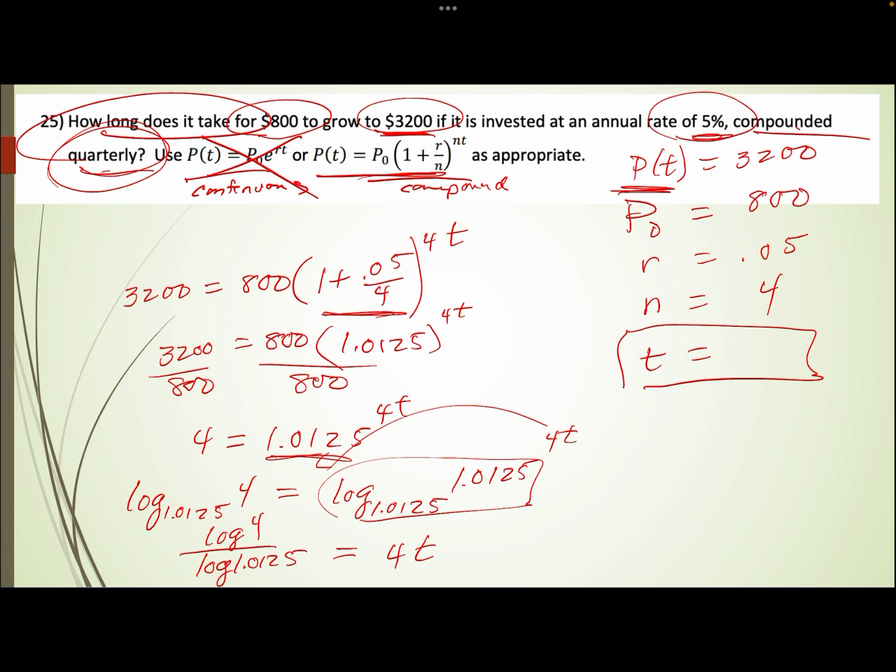And I put this in my calculator and divide by 4. And I end up with about 27.9, so you could say 28 years. So you have to use the log to get rid of this exponent, okay?